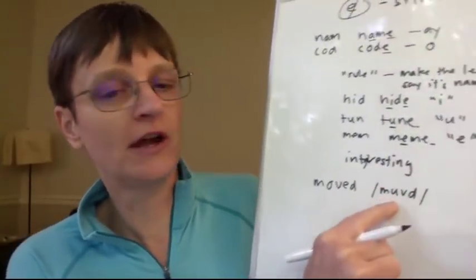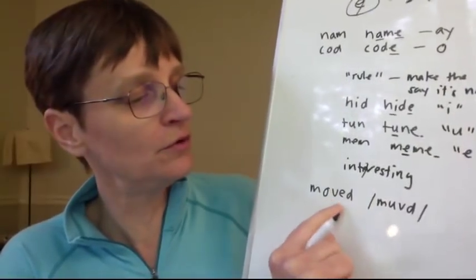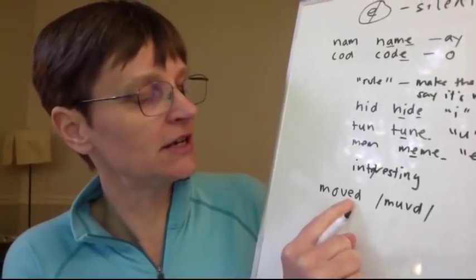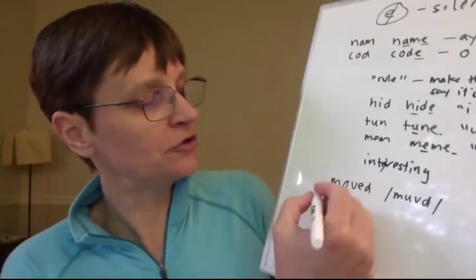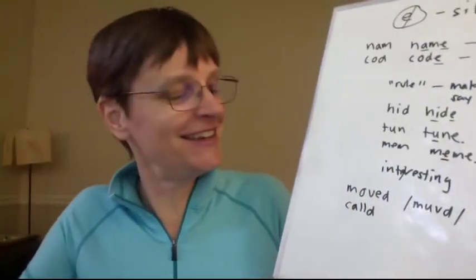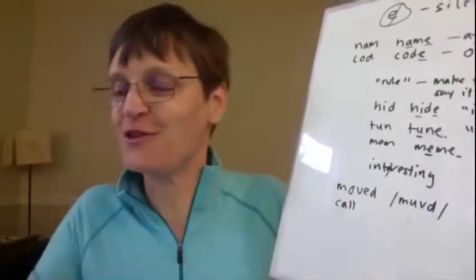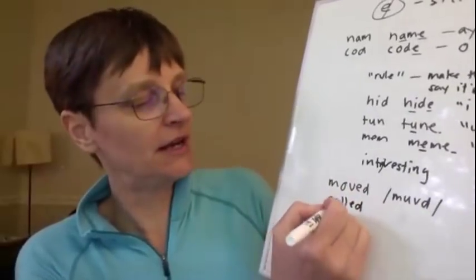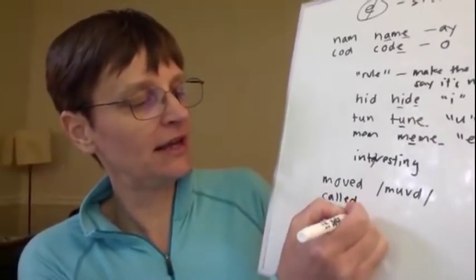You can see if I look at the pronunciation for moved, there's nothing there for the E. So the E is silent. That's also true for words like called. Well, I wrote it without the E. So that's how we pronounce it, with no E. We don't say called, we say called. We don't say named, we say named.